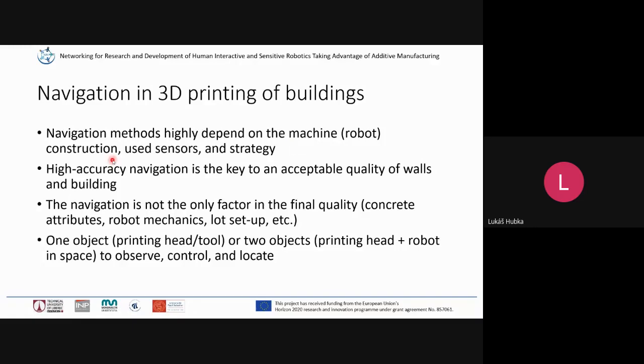Another question is, of course, the accuracy, because in really close connection with the accuracy of the measurement is the quality of the final product. It's absolutely clear. If we want to move forward in the actual trend in the automatization of building construction, as Jan presented, we need to also focus on such a task, because with manual work the accuracy is always questionable.